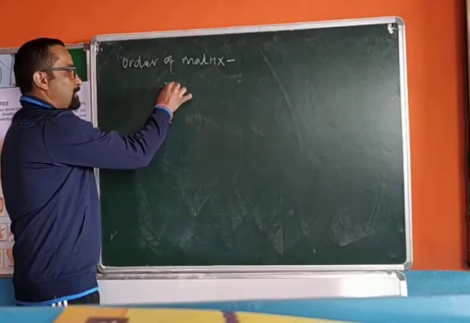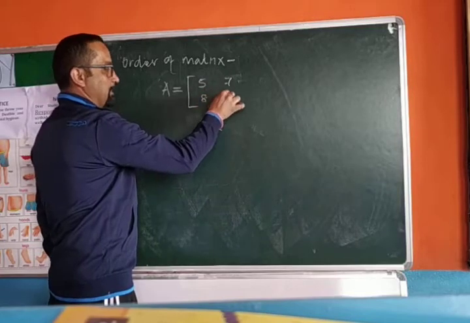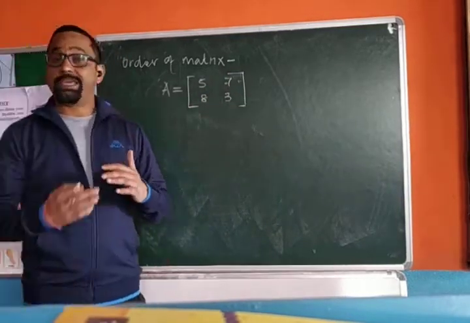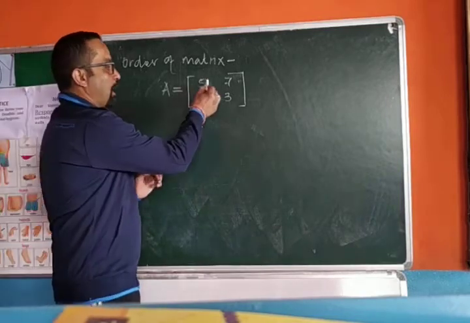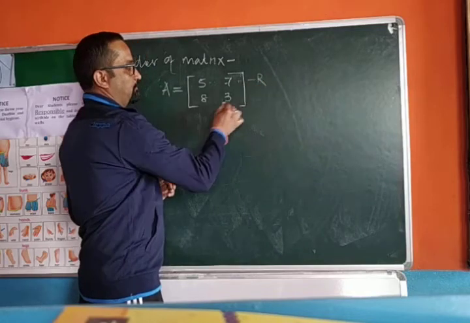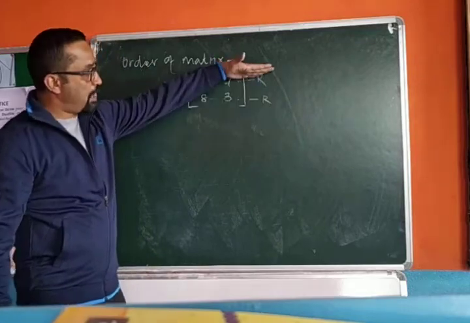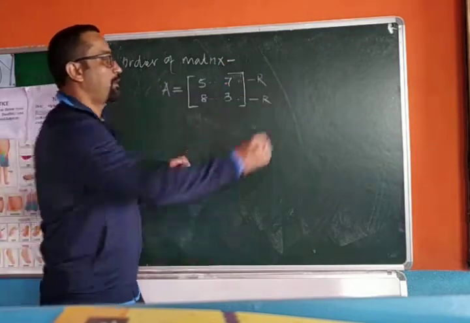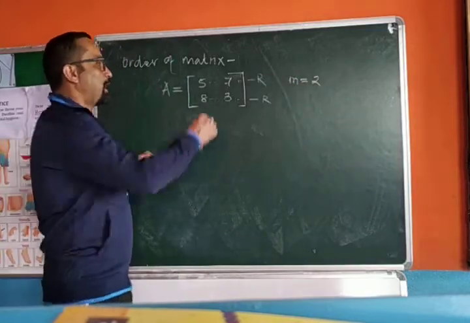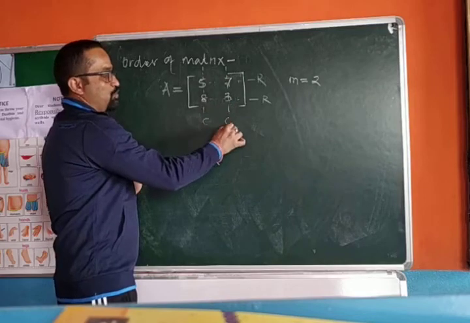Let's consider a matrix A whose elements are 5, 7, 8, 3. You need to look at the given matrix carefully and see how many rows it has. So how many rows are there? 1 row, 2 rows. So m is 2. Now we look at columns, the vertical arrangement, 1, 2.